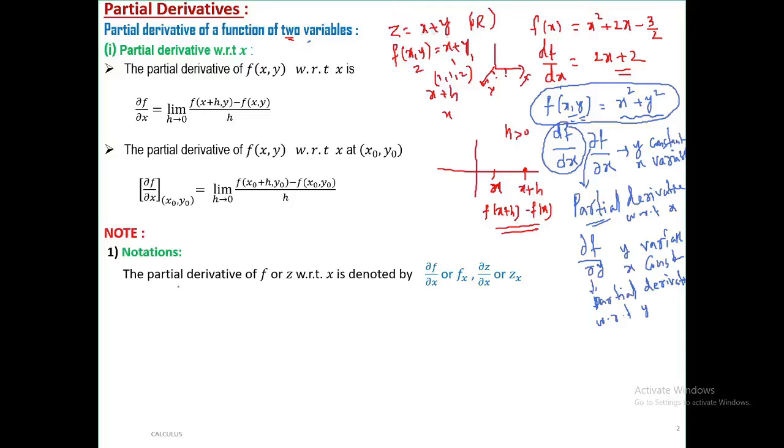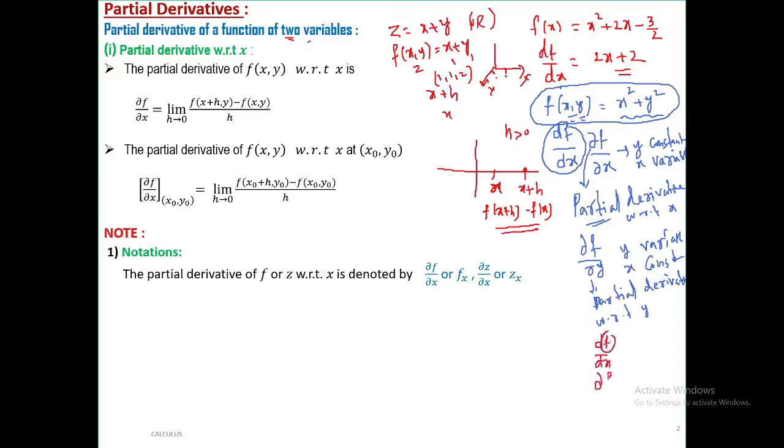So in that context, the partial derivative of f or z with respect to x is denoted by dou f by dou x, or simply f suffix x. If you're writing like this, it is dou f by dou x, partial derivative with respect to x, and dou z by dou x. When you are using the word dou, that means z is a function of more than one variable. If I'm using d, for example df by dx, then f is a single variable function, that is x only.